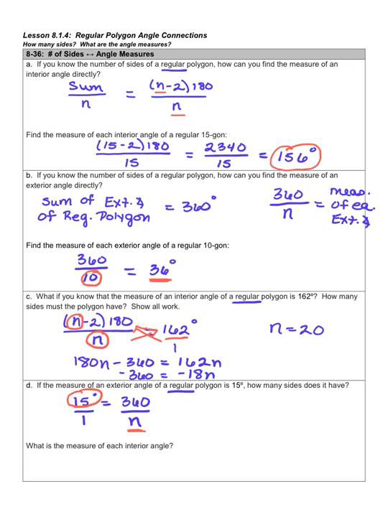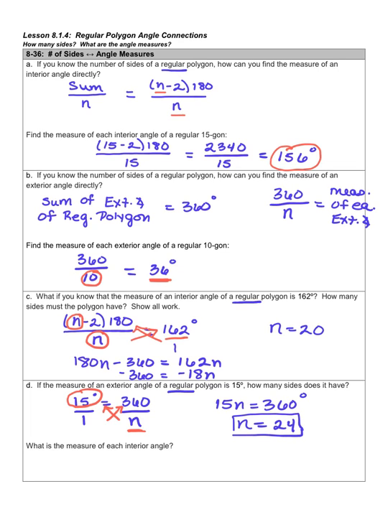Now I'm going to cross multiply to solve this equation. 15n is equal to 360 degrees. When I divide by 15, n is equal to 24. So a polygon that's regular, that has exterior angles of 15 degrees, has 24 sides.